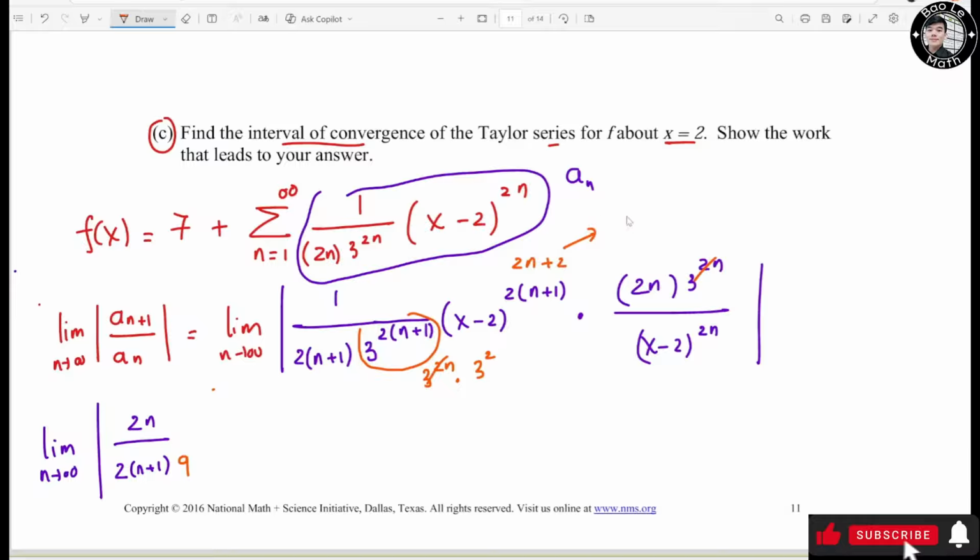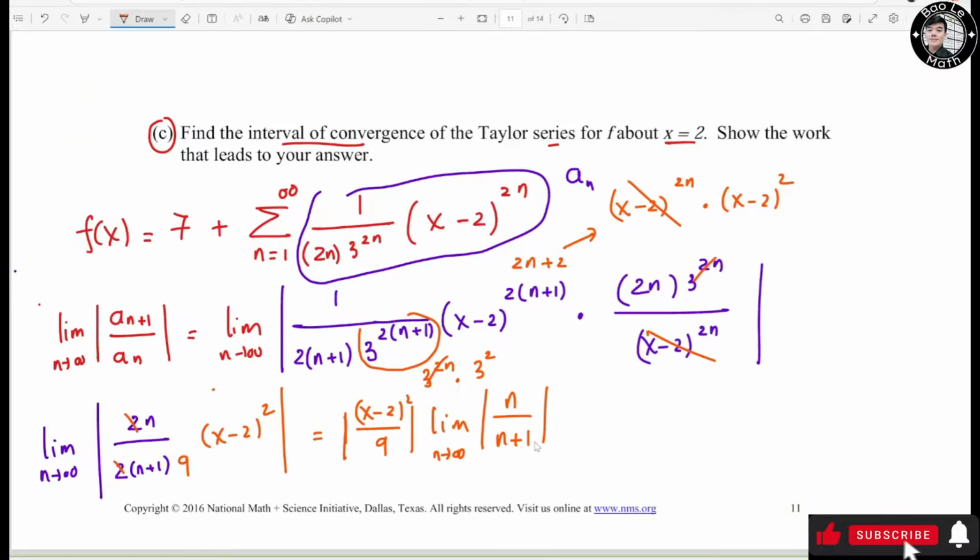So we can rewrite this one as s minus 2 raised to the 2n times s minus 2 squared. This guy cancels out, so we have s minus 2 squared, right? Now we're going to simplify 2n and 2n, right? So this guy turns out to be, we're going to use the relative growth rate, right? So n grows faster than 1.